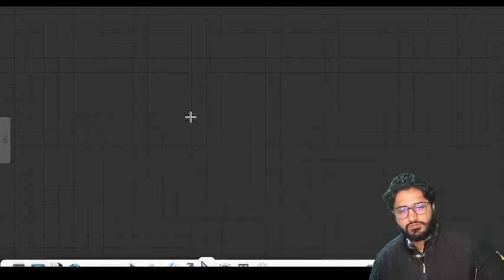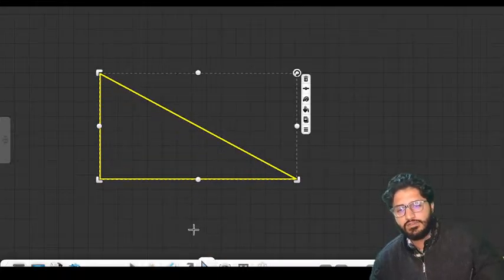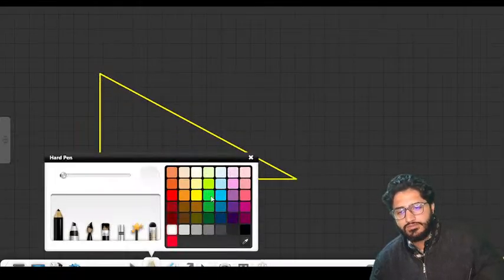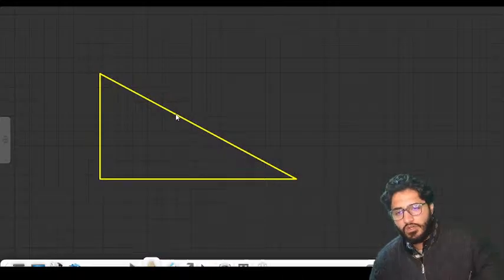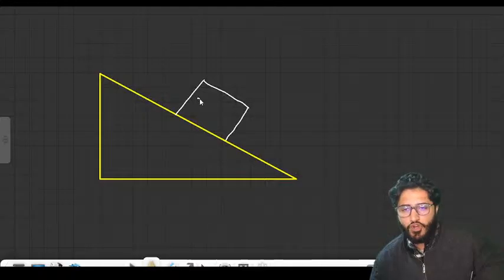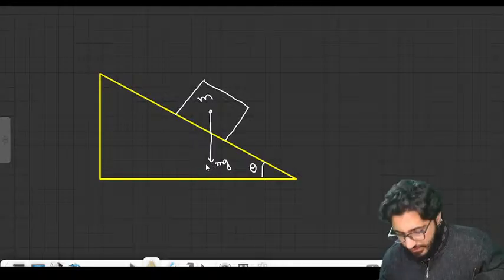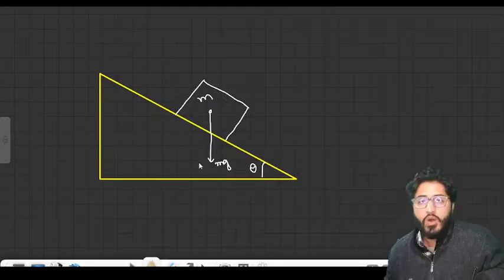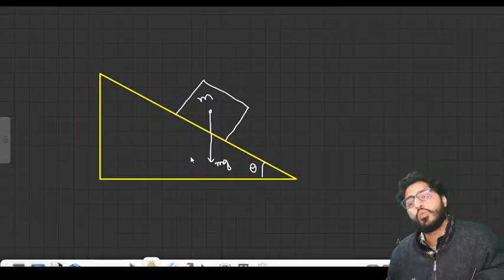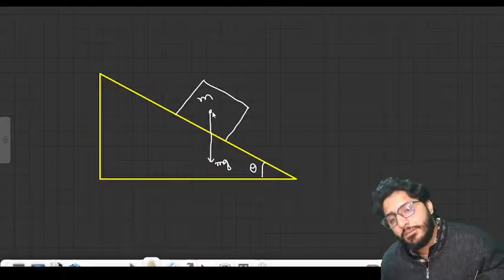Look now. On a different slide. If this body is having mass m, this angle is theta. Weight will be downwards, mg. Now why are we interested in breaking down into component forms?